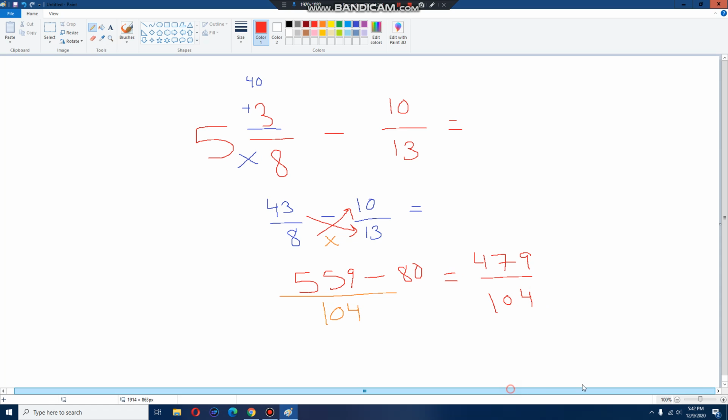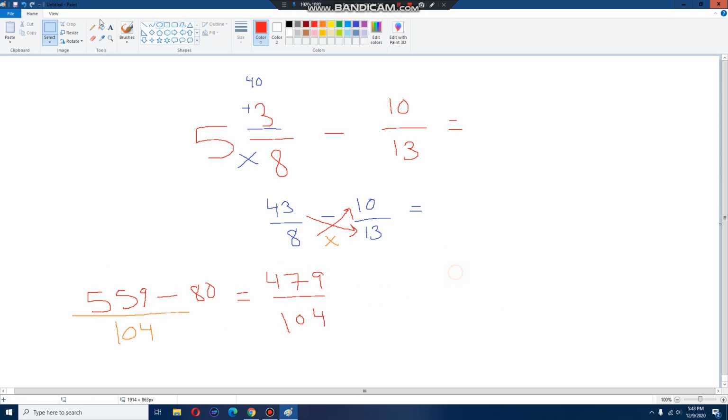Now, that's not good enough. That's an improper fraction, and I would like to turn it into a mixed fraction. So I'm just going to move this over here for a second, and I'm going to get my boxes ready. 3 boxes as usual. One will have the big whole number, one will have the numerator, and one will have the denominator. So now, 104 multiplied by some number is very close to 479.